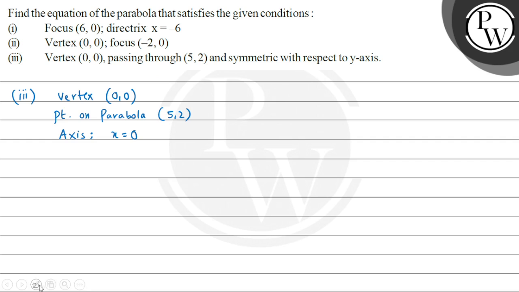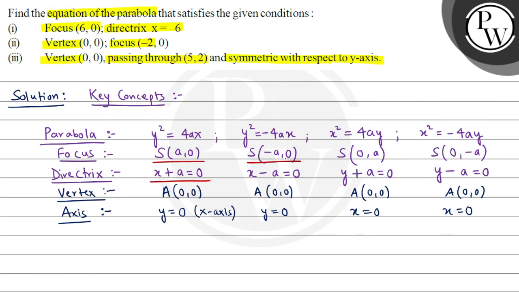Now we compare: the vertex is 0 comma 0, the axis is x equals 0, which we compare with the y-axis, and we have a passing point. Since it is symmetric about the y-axis, that means x equals 0, these two possible equations of the parabola will be used.